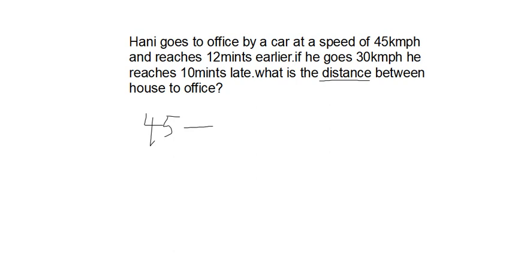And is he reaching earlier or late? 12 minutes earlier. So when it is 12 minutes earlier, what do we need to write, plus or minus? Earlier means every time you should write minus. And late means you should write plus. Why?